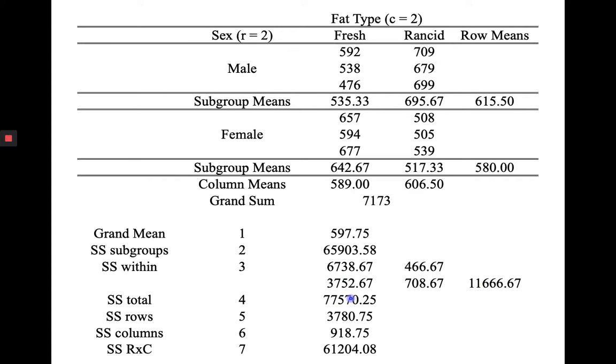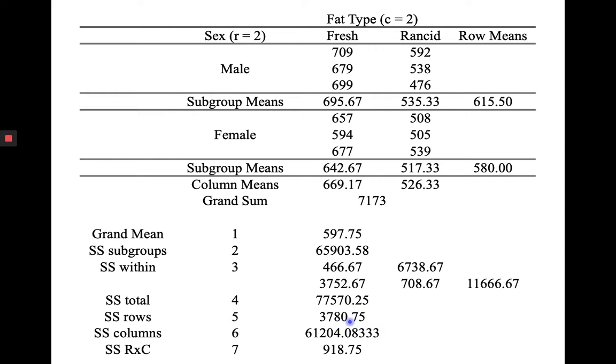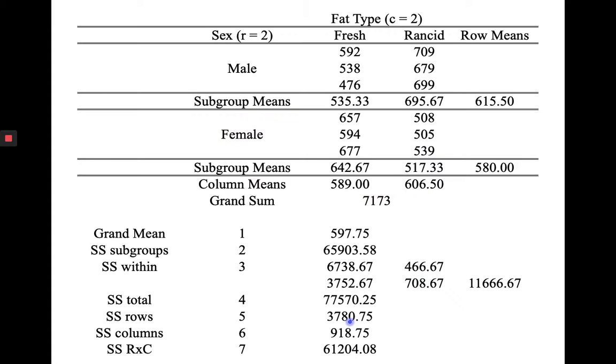So the sum of squares total is still the same. It's the subgroup sums of squares plus the within sums of squares, which gives you 77,570.25. The sums of squares row should not change because we didn't change anything with rows, so that should still be the same as it was earlier. And we see there that it is, just follow my pointer.